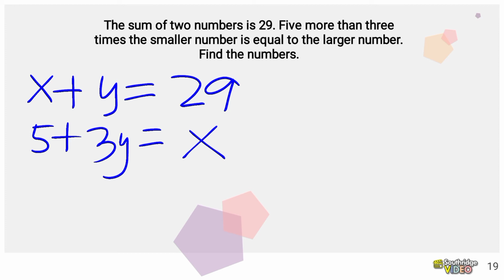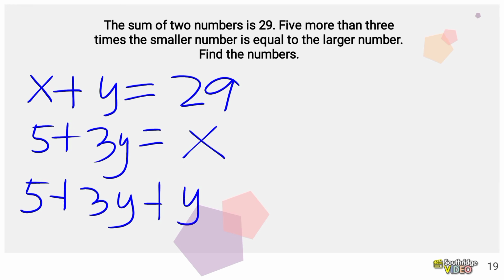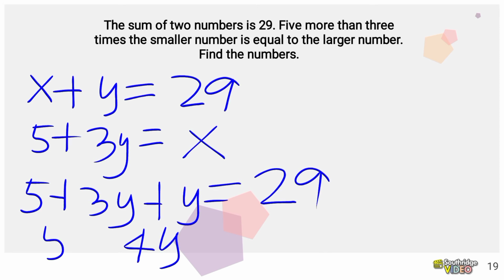So we can now substitute equation number 2 into equation number 1. Here, 5 plus 3y replaces x in the first equation, plus y equals 29. Simplifying, 3y plus y is 4y, so bring down 5, equals 29.